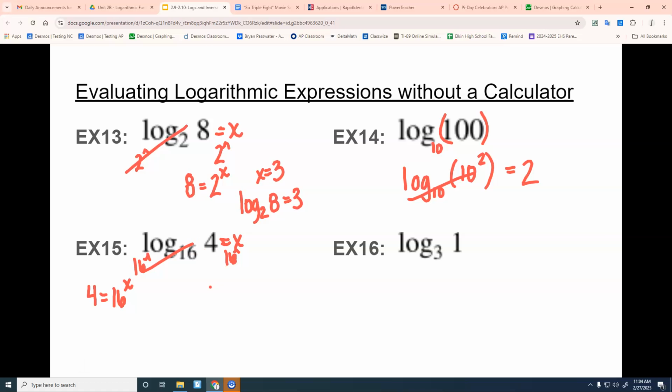And then if I rewrite it over here, log base 16, if I try to do it this way, 16 to a certain power right there. Either one of these is a little bit trickier because the numbers are not quite as easy.